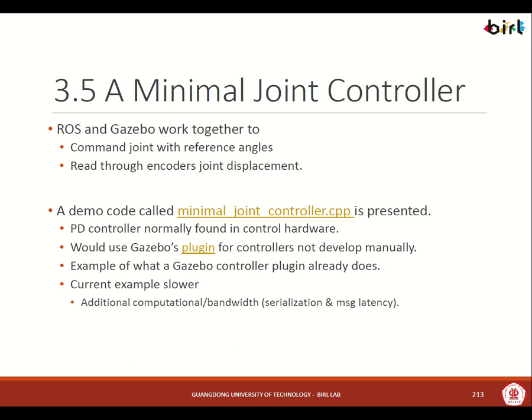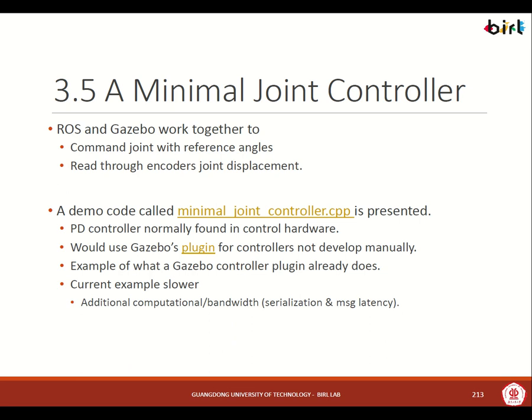Now, section 3.5 is going to introduce a controller, a PID controller, to control the joint that exists between the 2 links. A PID controller to do position control on the actuator, and then command that joint to a particular angle, and then move the 2 links.